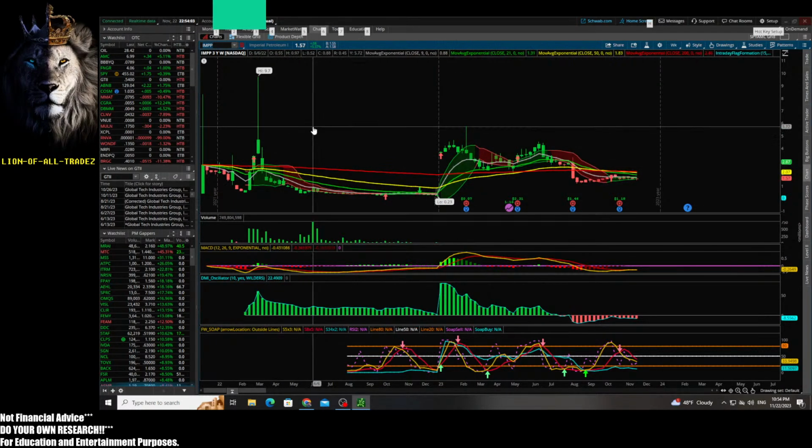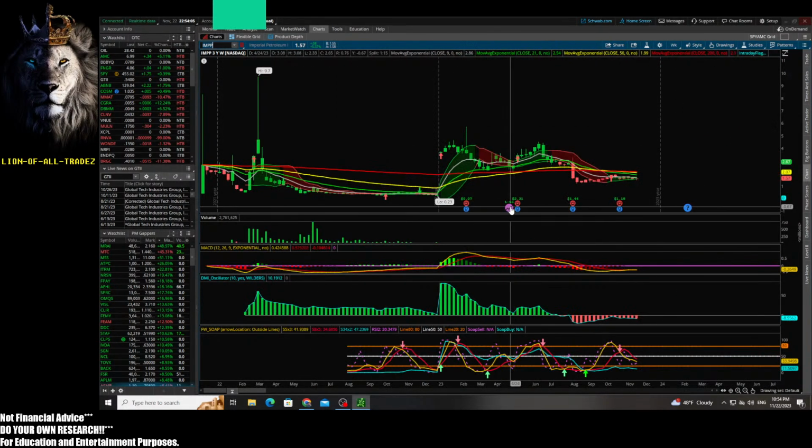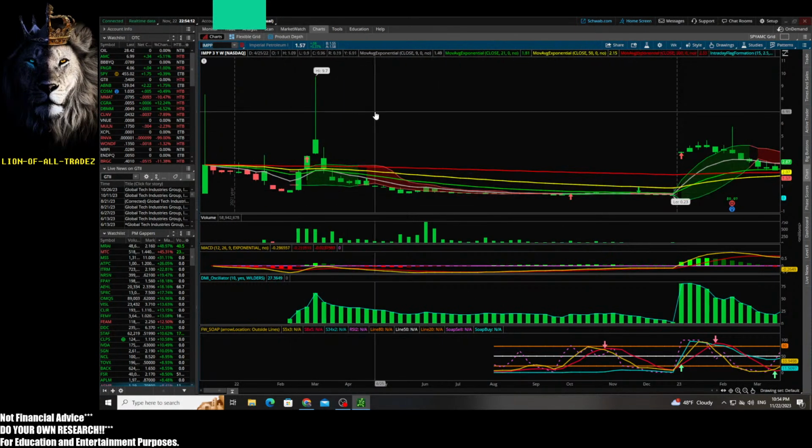It's showing the price prior to the 1 for 15 reverse split, but you can see here this was at a low of 48 cents. Let's just say 50 cents here, and then this week it had hit almost 10 bucks.